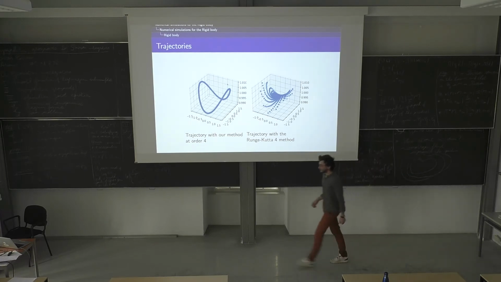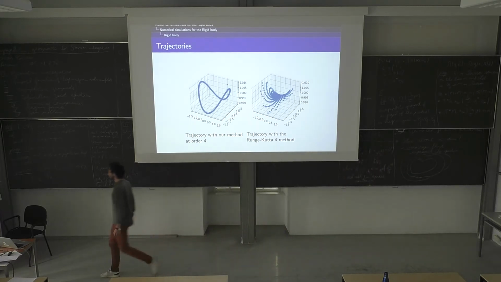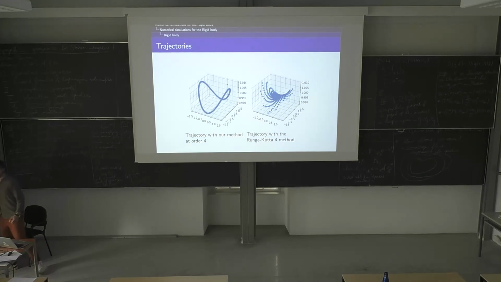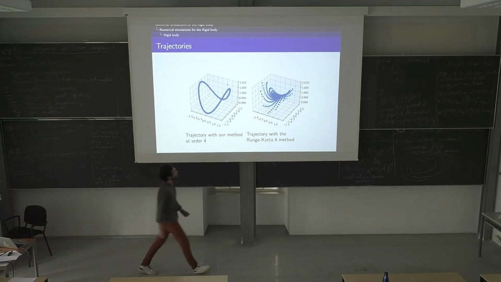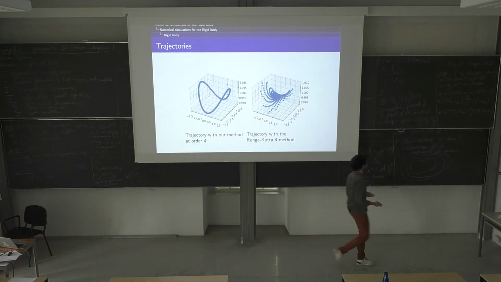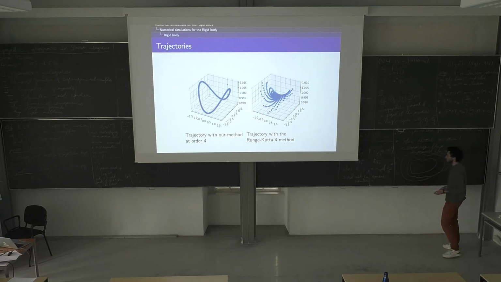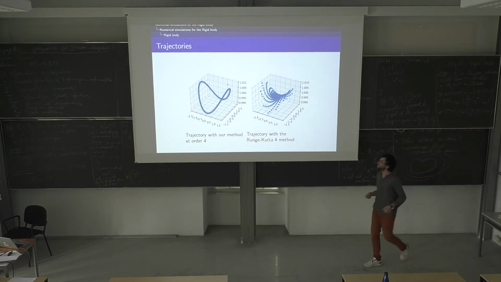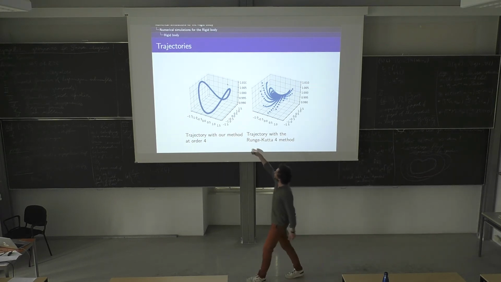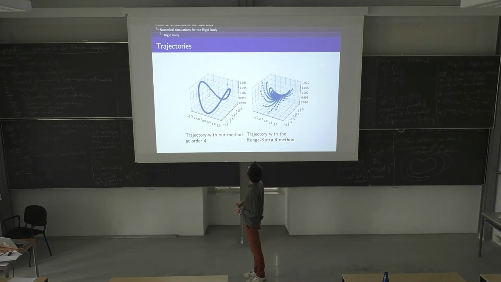While with our methods, since the discrete trajectory is again Hamiltonian for a close Hamiltonian, it actually oscillates around the orbits. And that's why the topology is preserved.